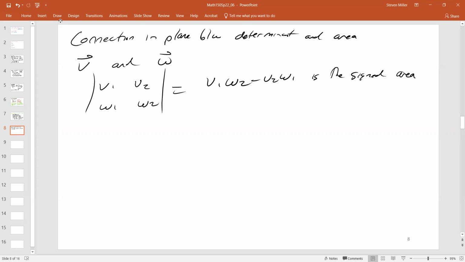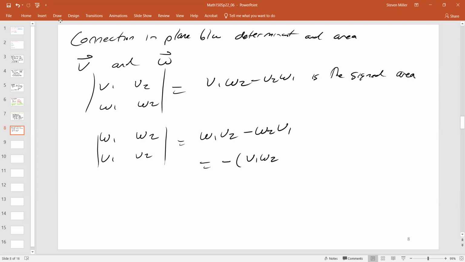And why do I say signed? Well, if I flip the order, if I do W1, W2, V1, V2, it's now going to be W1V2 minus W2V1, which is negative of V1W2 minus V2W1. So the determinant is a signed quantity. If I flip the order of the two vectors, then I flip the area by a minus sign.